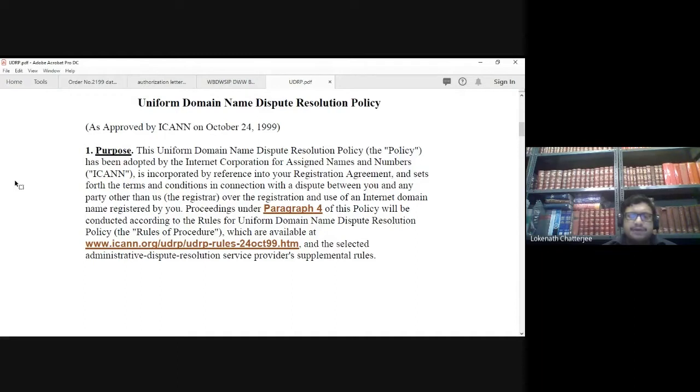Now, this was essentially accepted in meetings in Santiago, Chile in '99, and then the ICANN board of directors adopted the UDRP policy. This UDRP policy was based on the recommendations given by a WIPO body, in a report known as the WIPO Internet Domain Name Process Report.